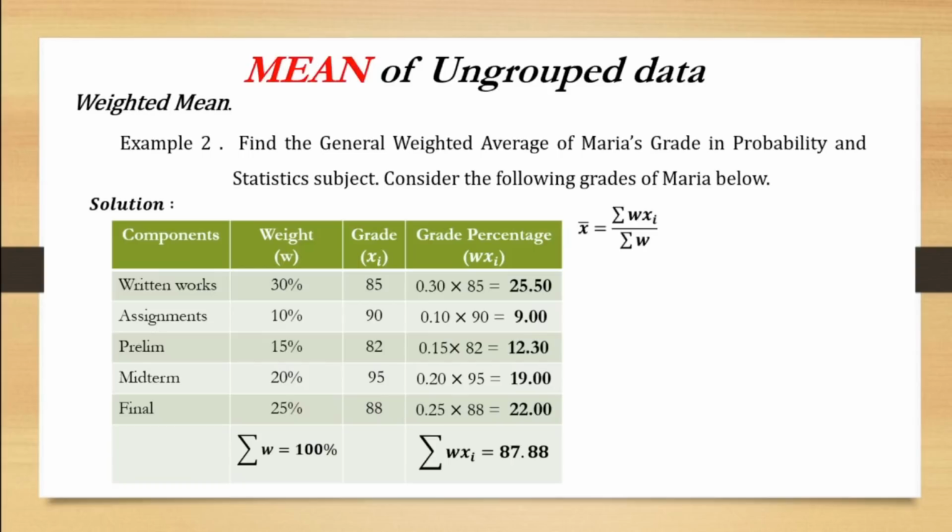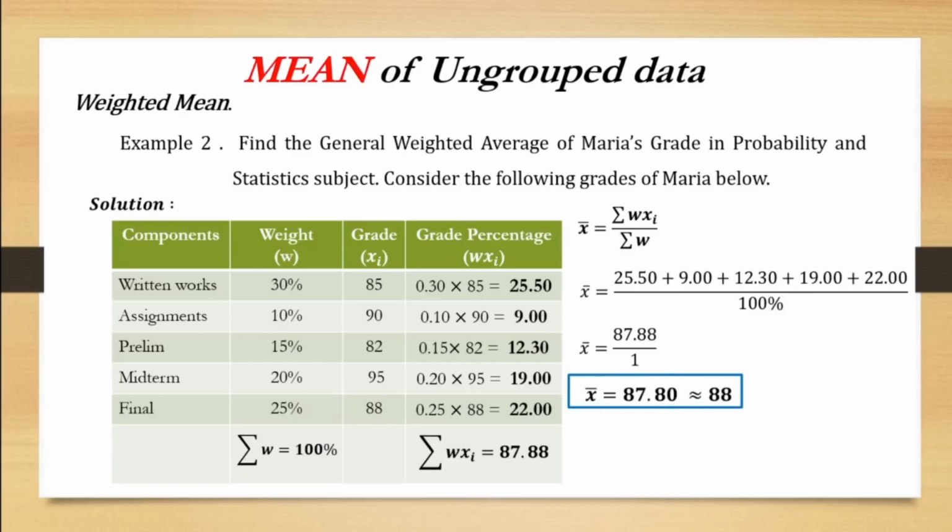To find the general weighted average of Maria's grade in probability and statistics, we substitute the values: the summation of the weight times the x sub i, which is 87.80, over the summation of the weight, which is 100%. And take note, 100%, as we convert into decimal, divide 100 by 100, so that is equal to 1.